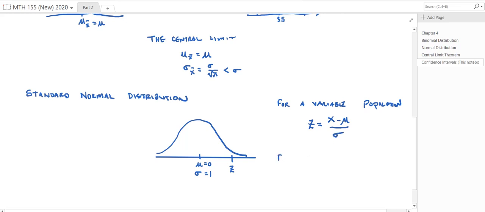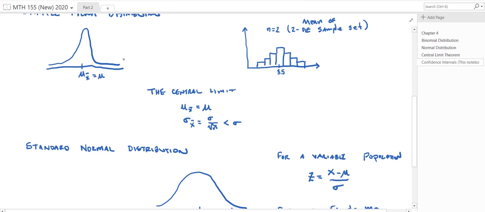But now we have to go for our sample mean distribution. When we calculate z, we have to do it in a different way. We have to look at x bars now, because x bars are like the variable here in this distribution.